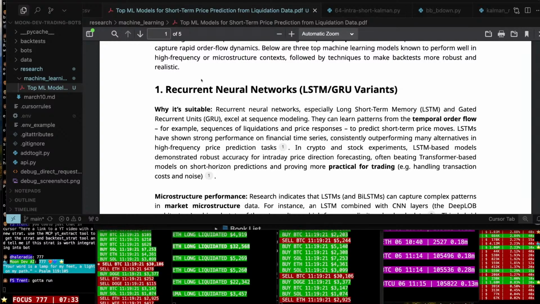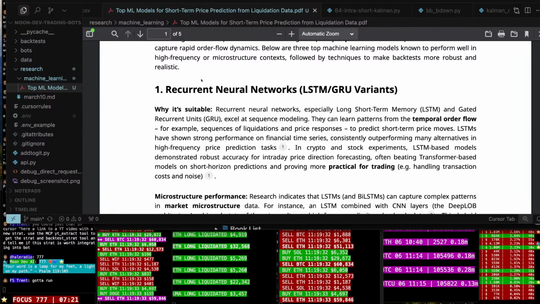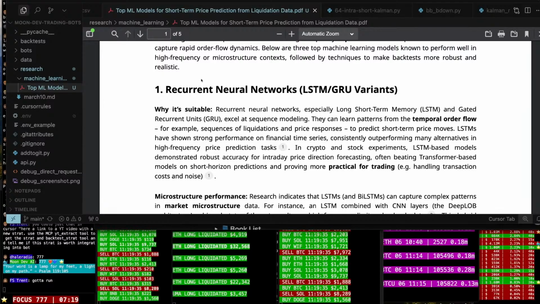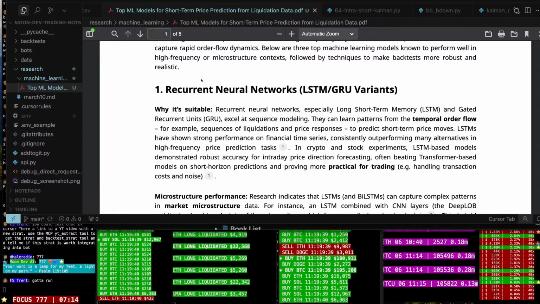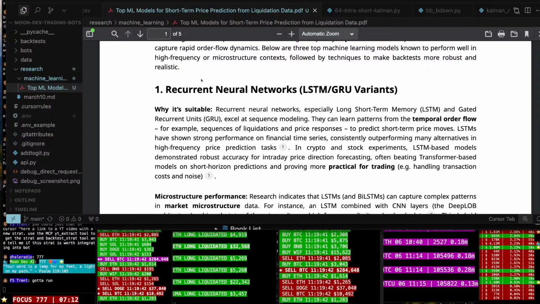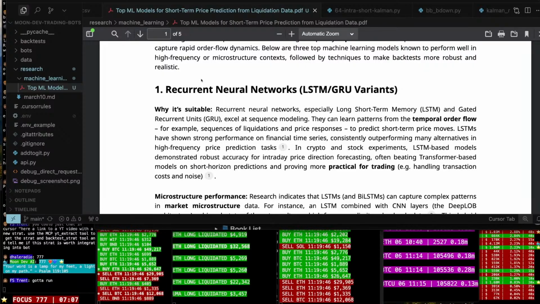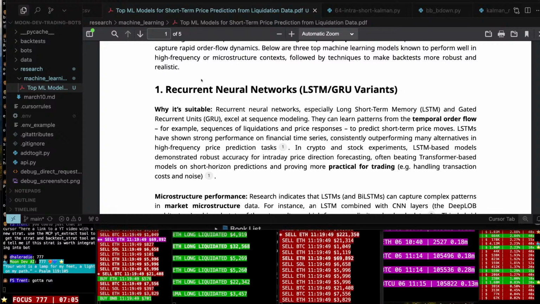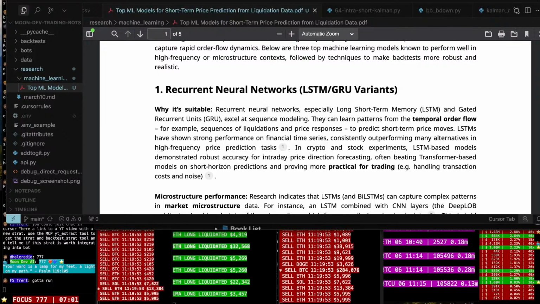LSTMs have shown strong performance on financial time series, consistently outperforming many alternatives in high-frequency price prediction tasks. In crypto and stock experiments, LSTM-based models demonstrated robust accuracy for intraday price direction forecasting, often beating transformer-based models on short horizon predictions, and proving more practical for trading, e.g. handling transaction costs and noise.